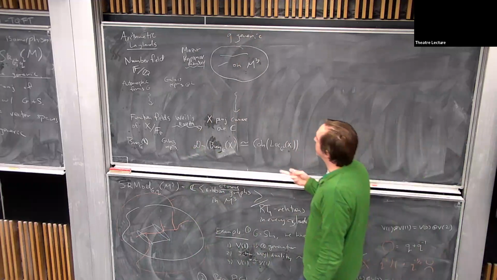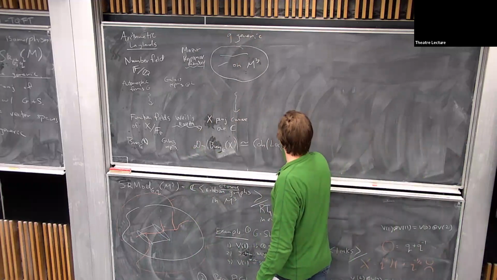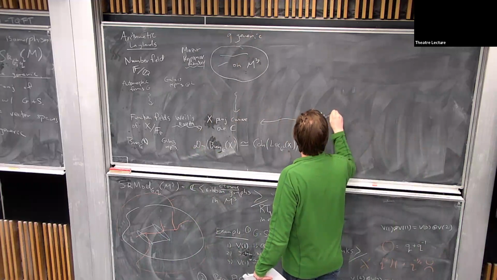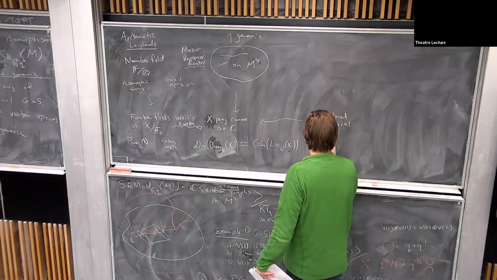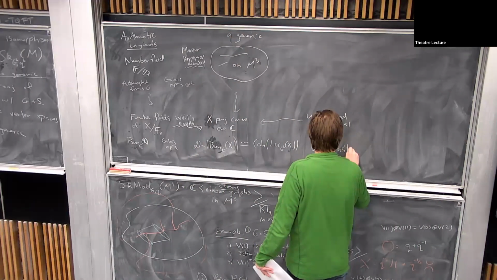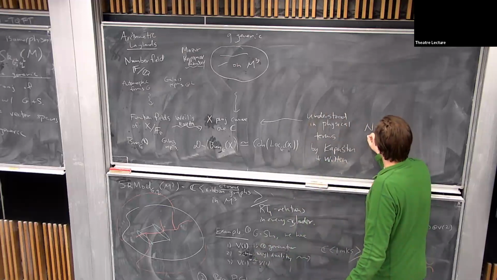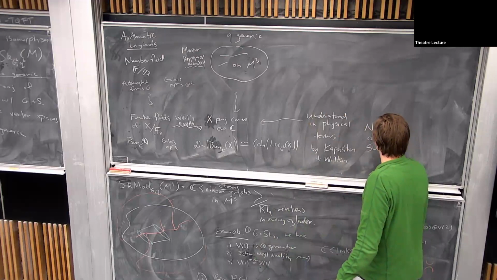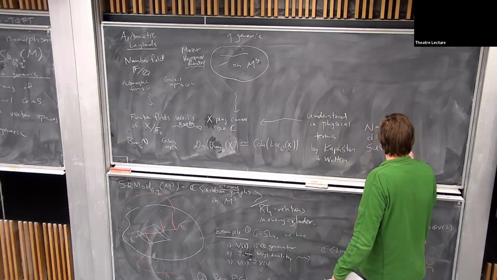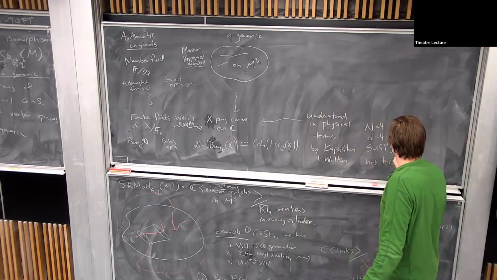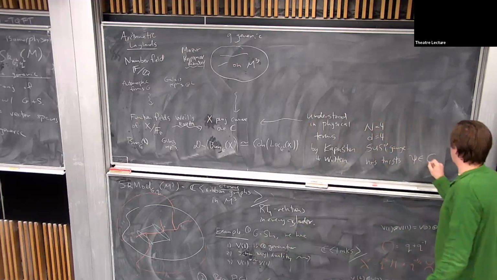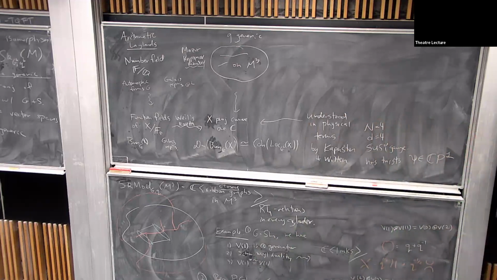It's worth mentioning, especially in this crowd, that this whole story was understood in physical terms by Kapustin and Witten. So you had N=4, D=4 supersymmetric gauge theory, just Yang-Mills, with a certain twist given by a parameter psi in CP^1.